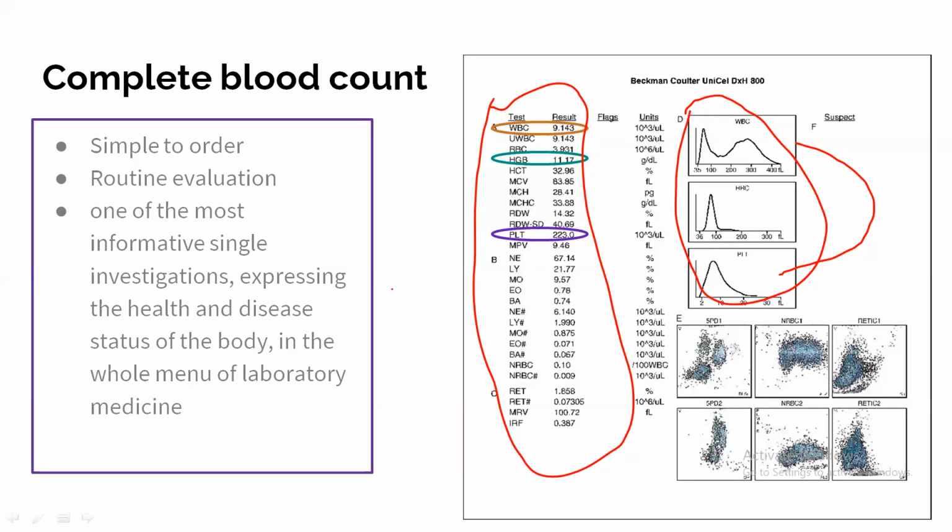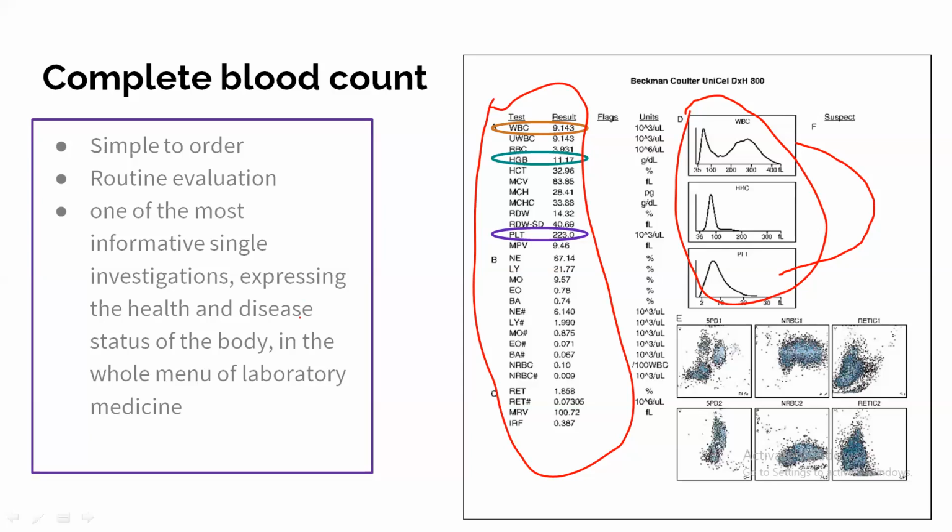The CBC, we all know, is probably the most common test to order in any medicine. It is one of the first tests to be ordered by any physician or surgeon, and it is a single most important investigation which is very inexpensive. It will cost, lab to lab, around 40 to 50 rupees.